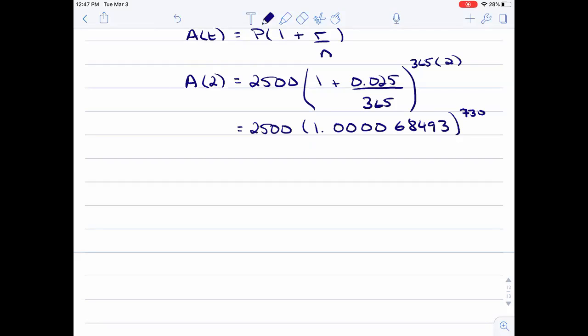I lost my other one, so I'm just recalculating it so I can raise it to the power of 730, because now I've dealt with the brackets. I've just got one value. I have to raise that to the power of 730 and then multiply it by 2,500. So what I get is 2,500 times this to the power of 730.